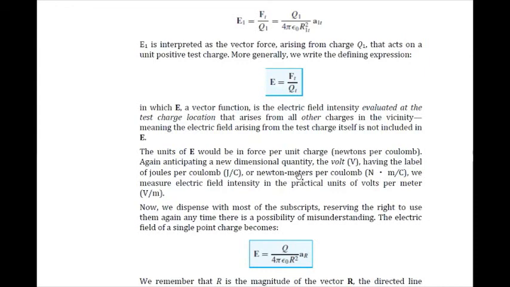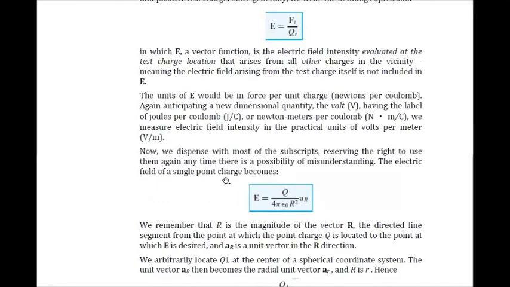Pag sinabi natin ito yung mga dimensional quantity, kapag volt is the level of joules per coulomb. Pwede rin siyang newton meter per coulomb. Then, ang electric field intensity, or E, in practical units is volts per meter. Ito usually ang unit ng electric field intensity. Okay?